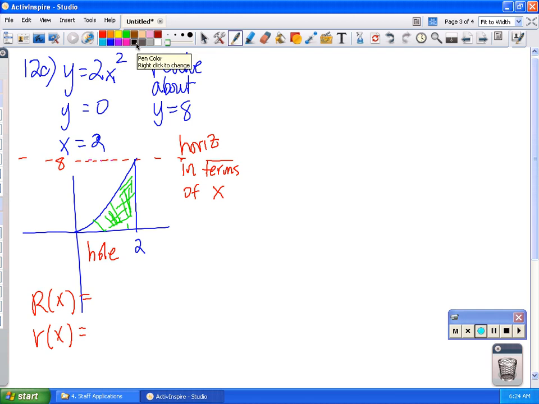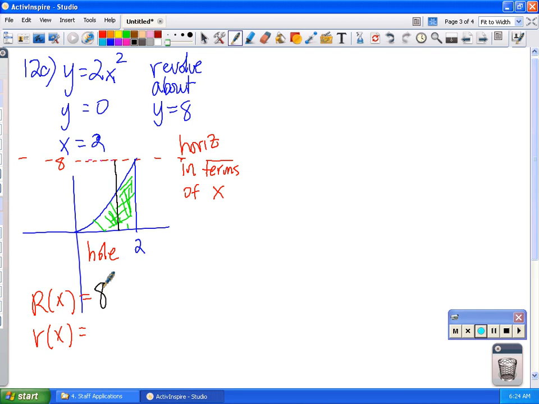Big R is always the distance from the axis of revolution to the outer curve. So I start at the axis of revolution, and I draw to the outer curve. That distance, in this case, is always 8 units long. No matter where I draw the axis of revolution, the distance is 8 units.